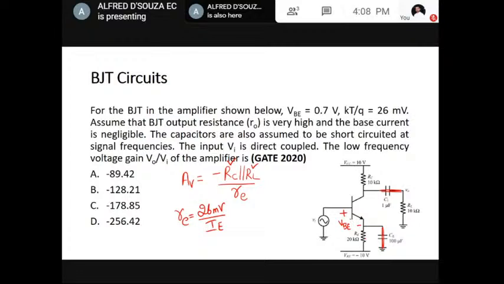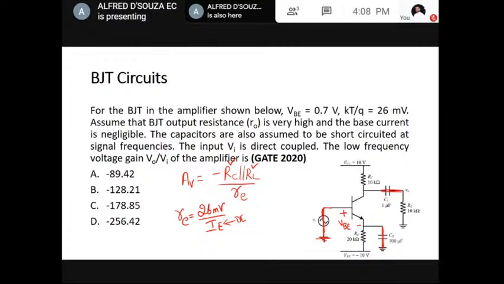That is very simple because this is direct coupled. For DC analysis, this IE is DC current. For the DC current, this is direct coupled. Capacitors are not there, so I can assume this as grounded. Okay, I'll use superposition theorem.